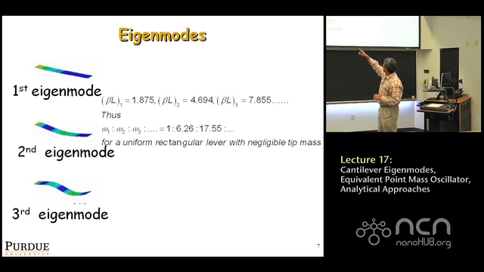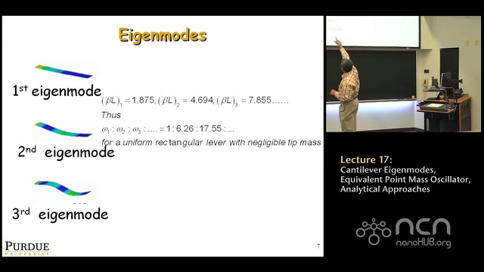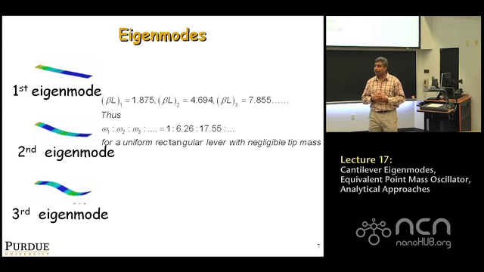The second eigenmode corresponds to what's shown here in the middle, and it has a nodal point in that it bends down and goes back up, has a vibration node in the middle. The third eigenmode actually bends up, down, up again. It has 2 vibration nodes. So typically the nth vibration mode has n minus 1 nodes of vibration.